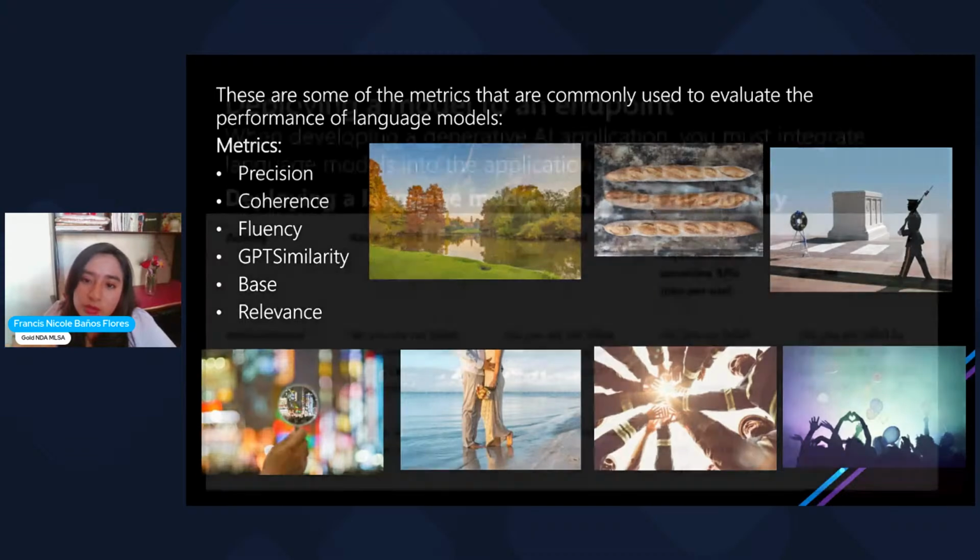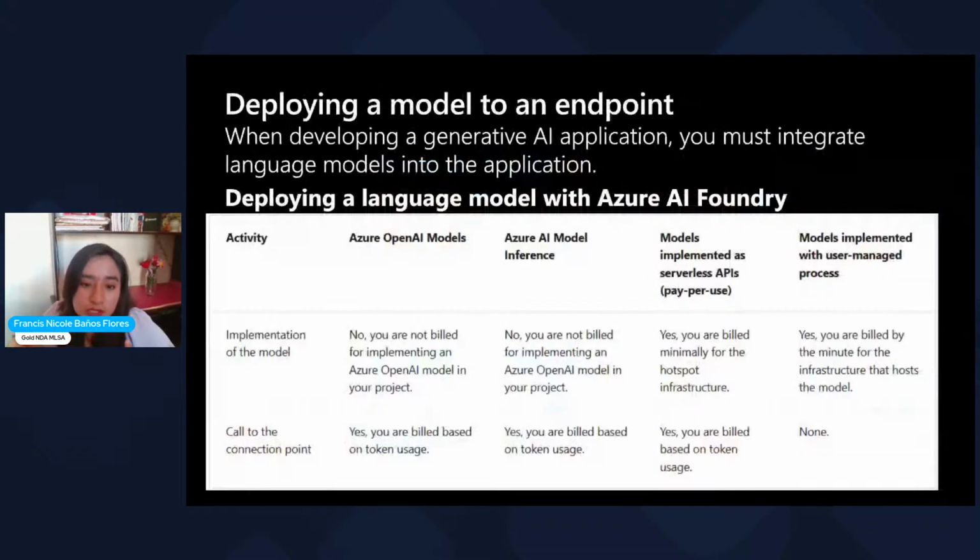And about deploying a model to an endpoint, we have activity, for example, implementation of the model, like the call to the connection point, and talking about Azure OpenAI models. Here, for example, you are not billed for implementing an Azure OpenAI model in your project, or yes, you are billed based on the token usage.